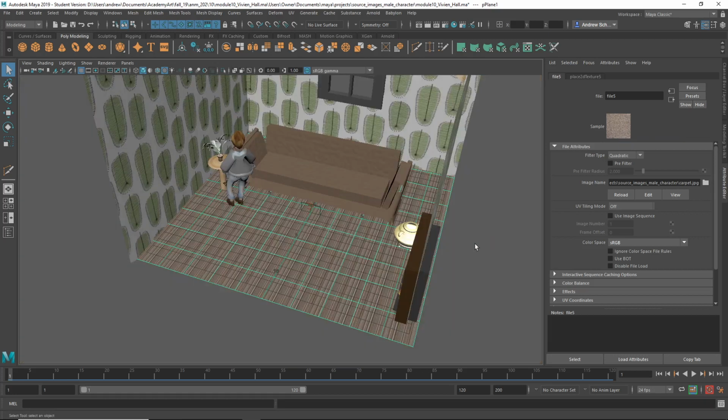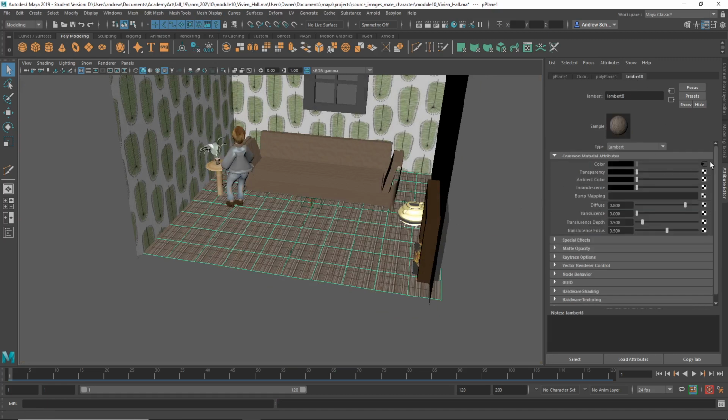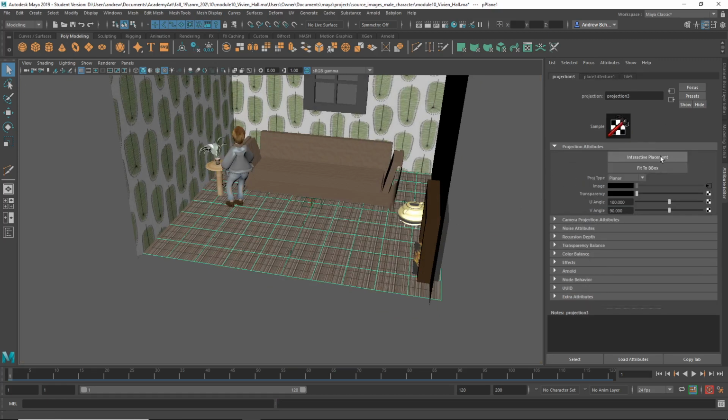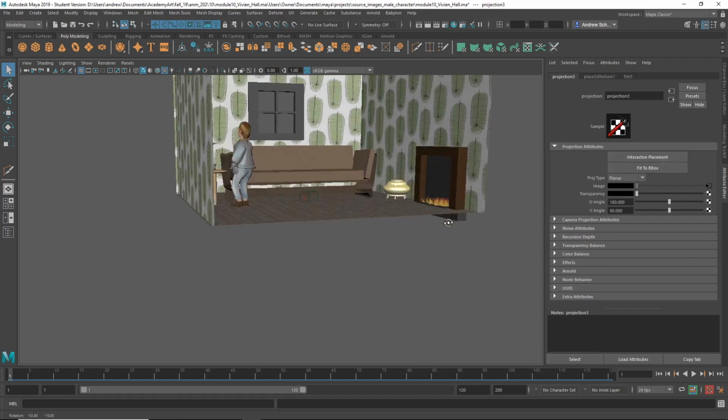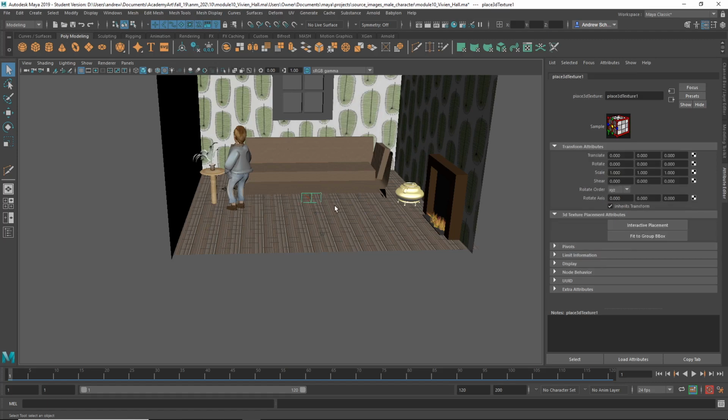I'm wondering, did you project it from the side or something? Is it this thing? Oh yeah, it appears to be. Yeah, you projected it from the side for some reason.